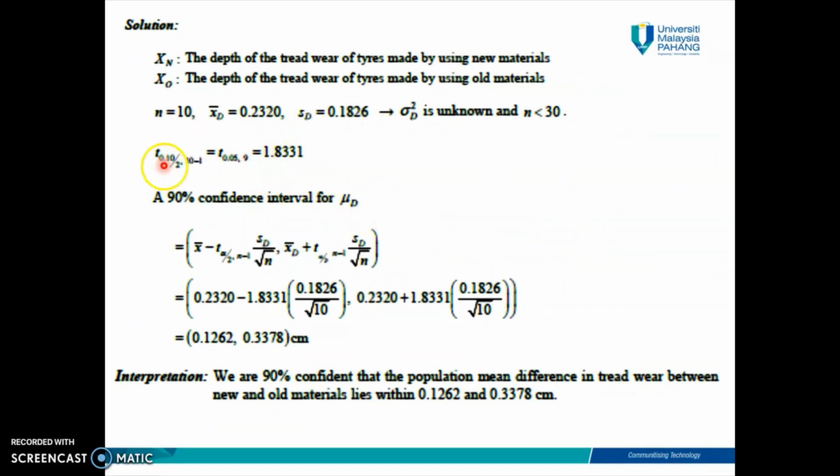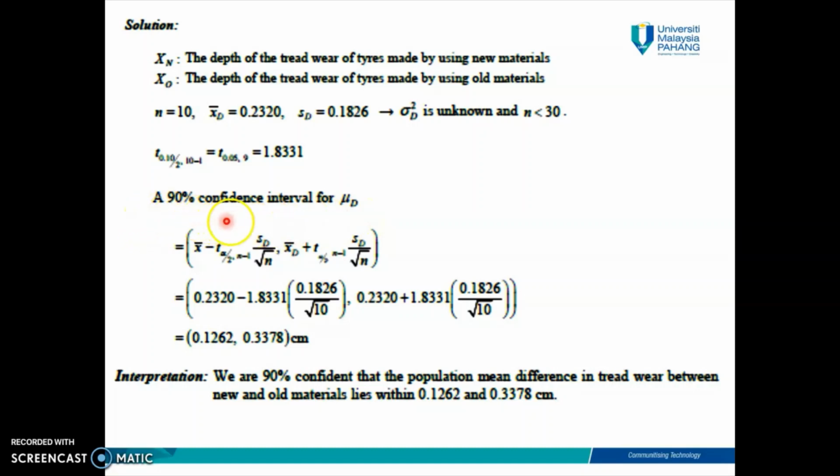Okay, so here since the confidence level is 90%, so alpha is 0.1 divided by 2 becomes 0.05. So T 0.05, 9. If you find this value in your T distribution table, you will find 1.8331.